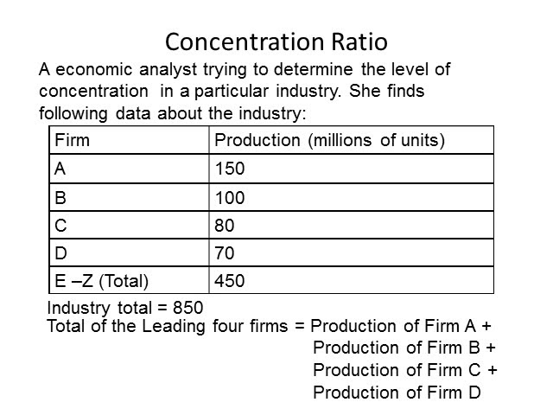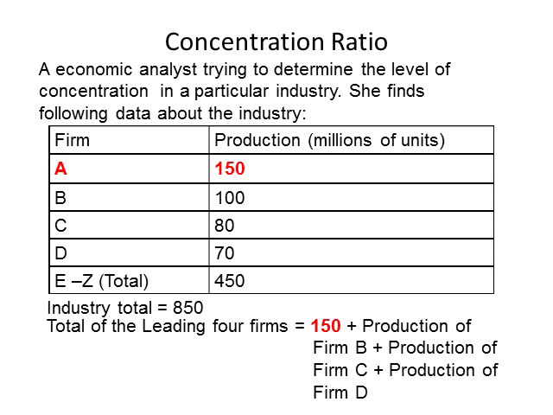So the formula we will need to use for the production for the total of the leading firms is Firm A's production plus Firm B's production plus Firm C's production plus Firm D's production.